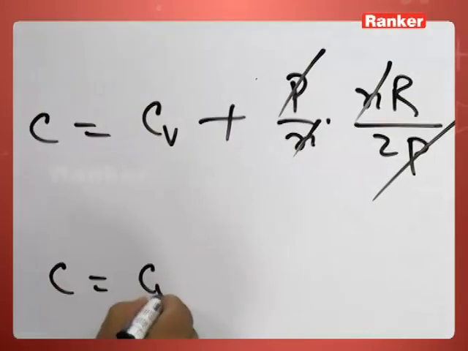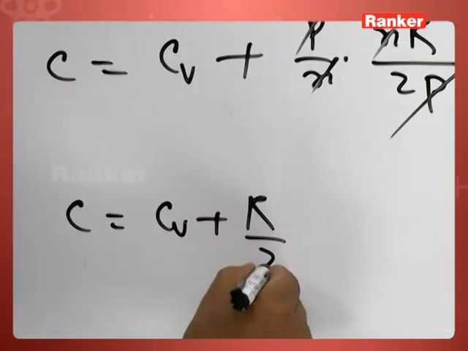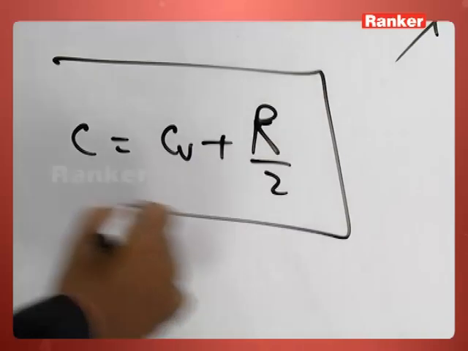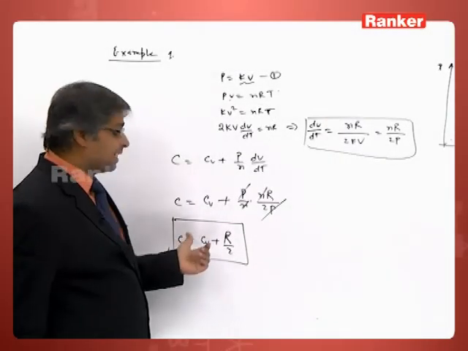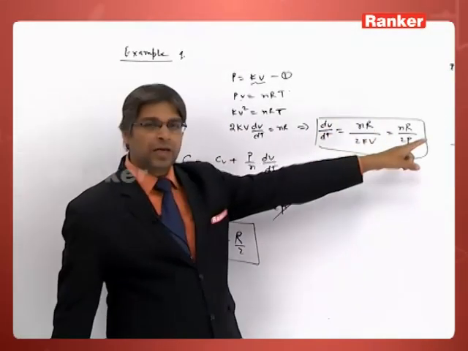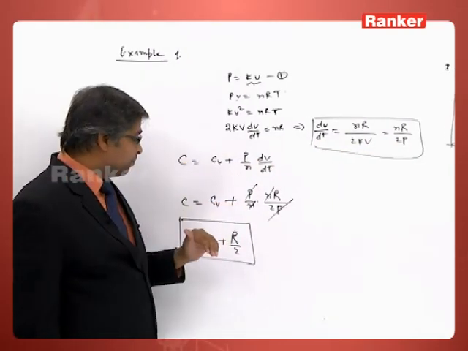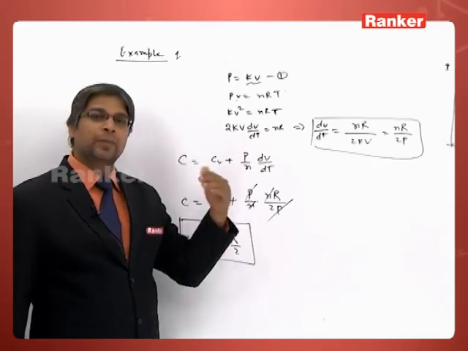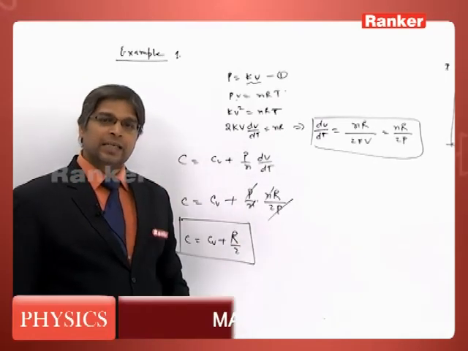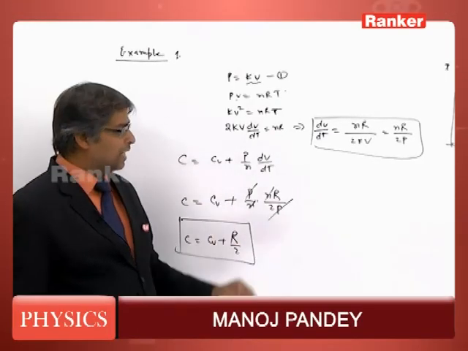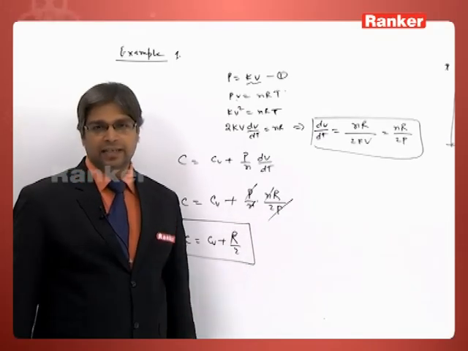So C is equal to CV plus R by 2. So this is the specific heat for this process. You see in different examples we have seen how C depends on the process. There are infinite number of processes, so there are infinite values of C for an ideal gas.